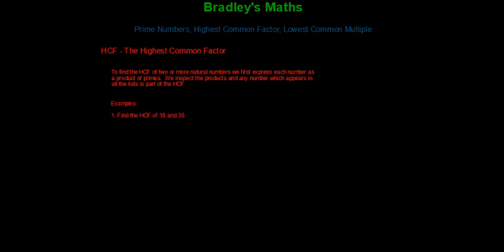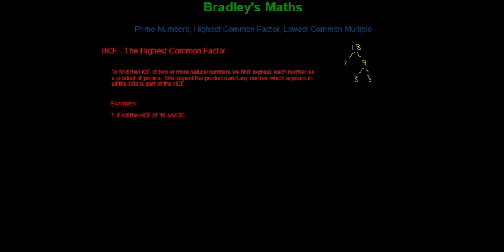Okay, find the HCF of 18 and 30. Let's do 18 in yellow. I'm going to do the factor tree, just to remind you of how we do the factor trees. 18 divided by 2, 2 is the lowest prime number, gives us 9. And 9 is 3 times 3.